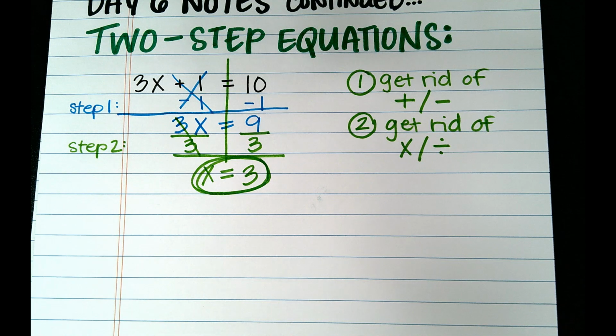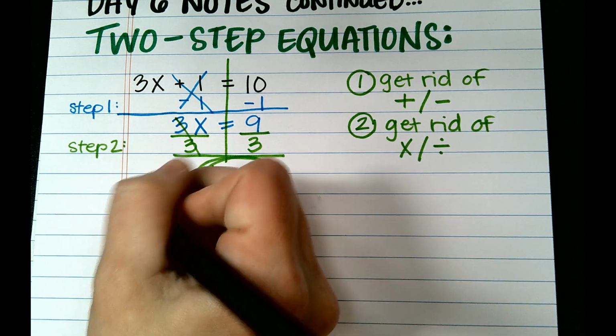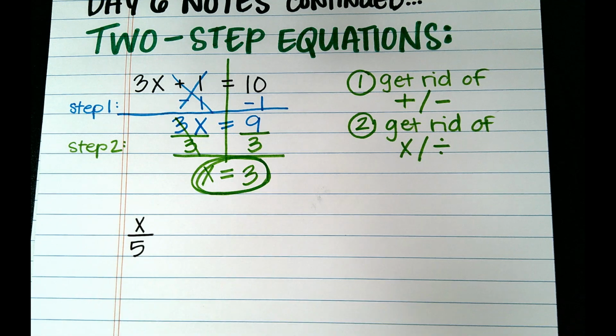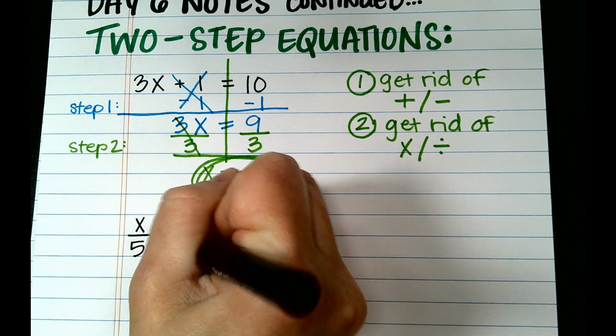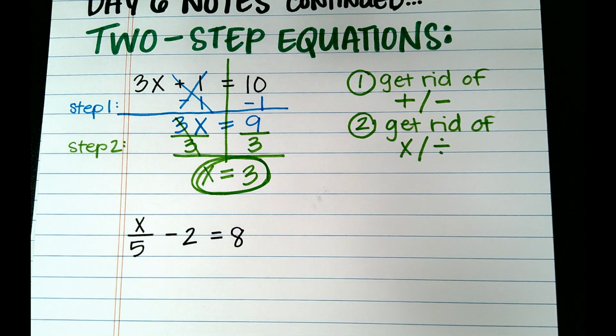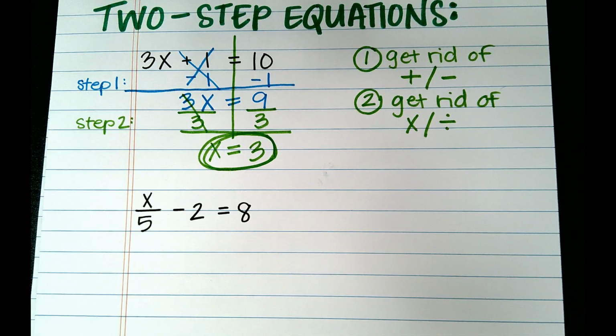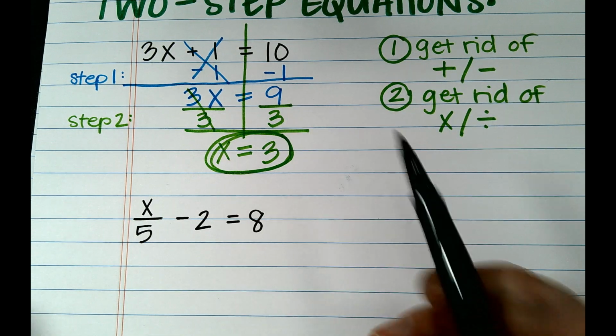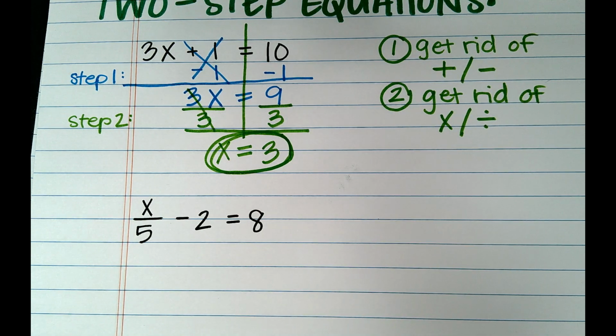Let's see, it was x over 5 minus 2 equals 8. We're gonna keep following that order. The order to solve.